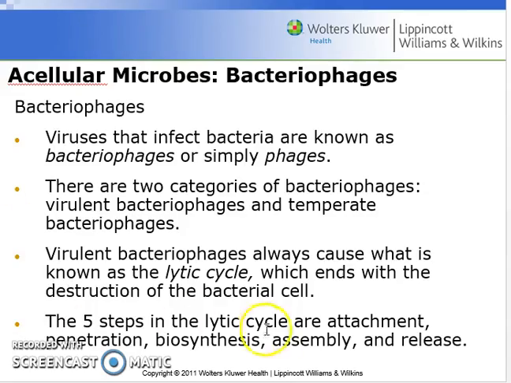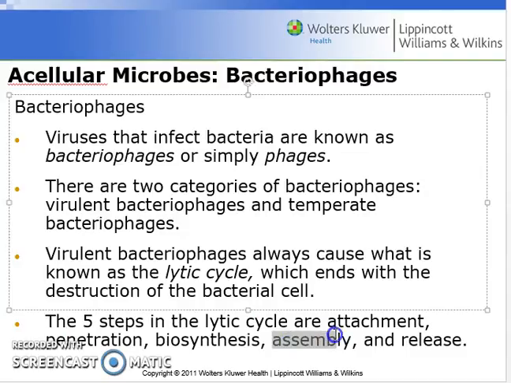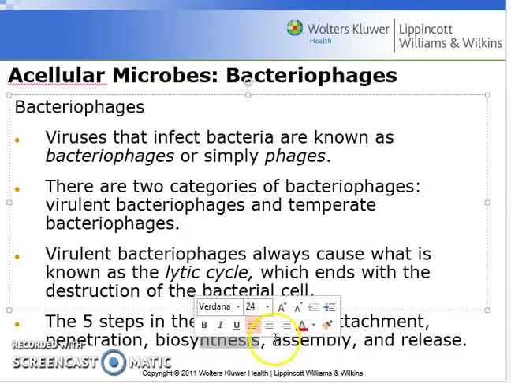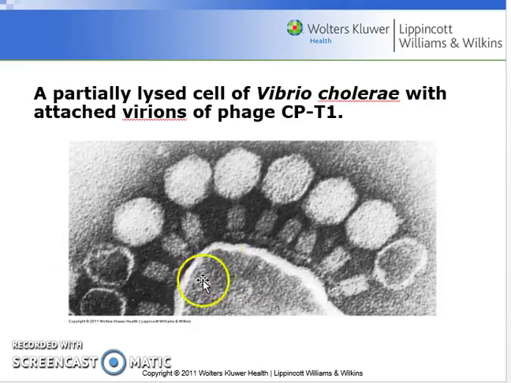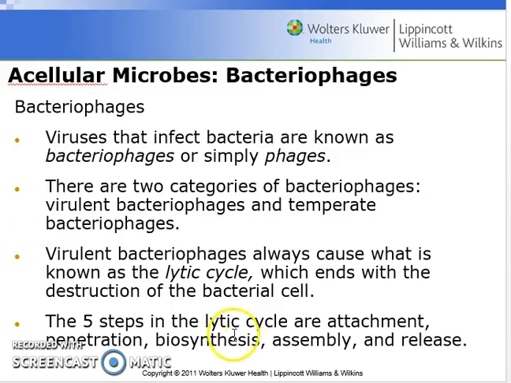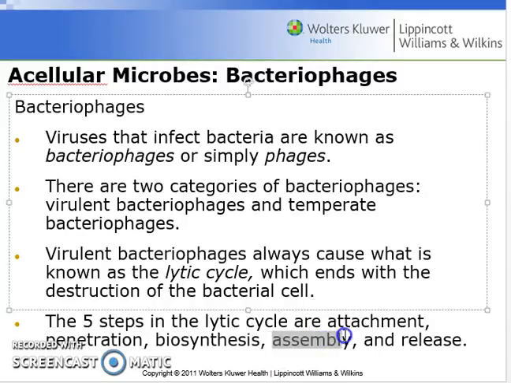After the synthesis of the viral components, you have assembly, which means that inside of the cell you're going to develop new bacteriophages. The head of the bacteriophage develops, the tail fibers develop, and the sheath develops, and they all come together to form new viruses. We call that assembly.